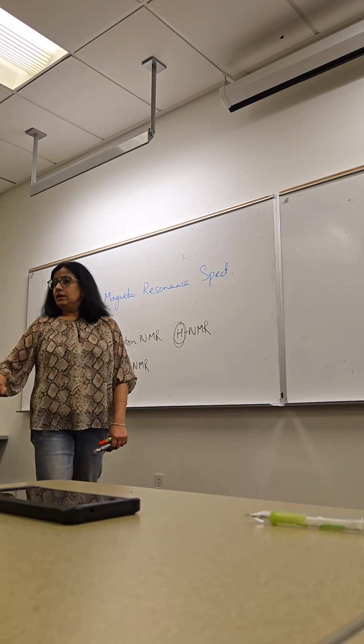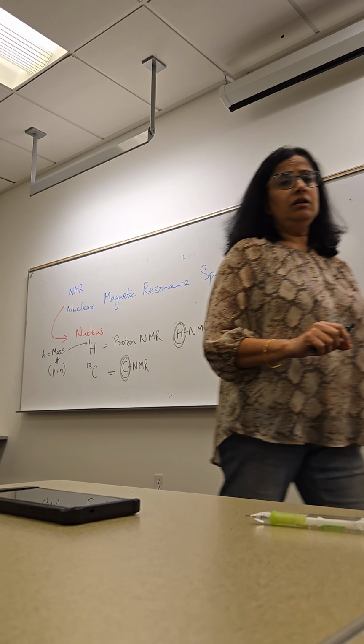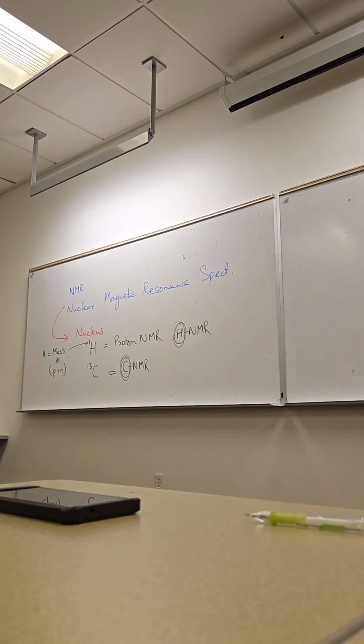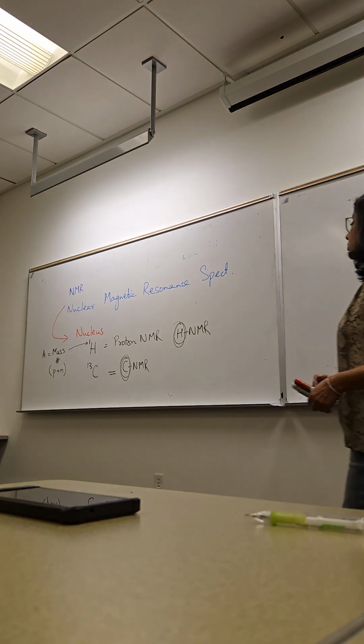Are we all okay? We will start with proton NMR. Once we are done with it and have done some practice, then we will go to C-NMR. So let's start with proton NMR.